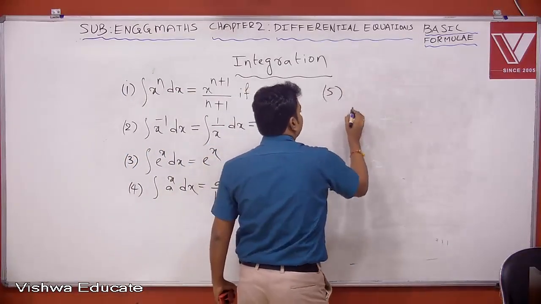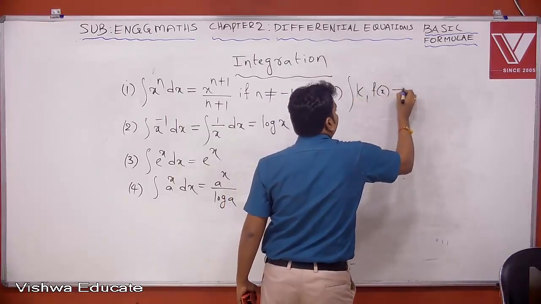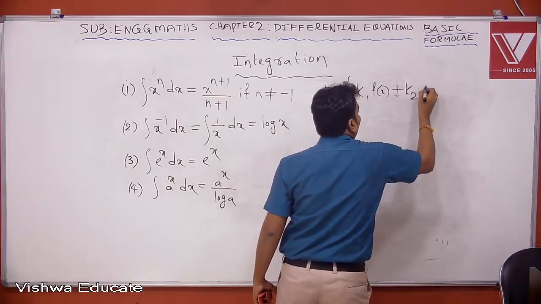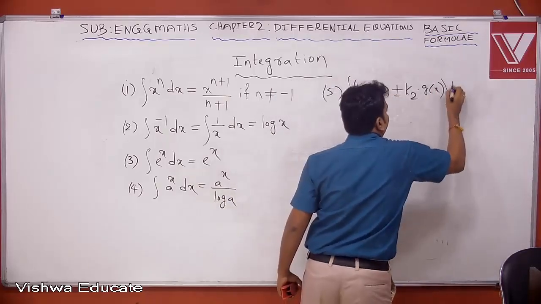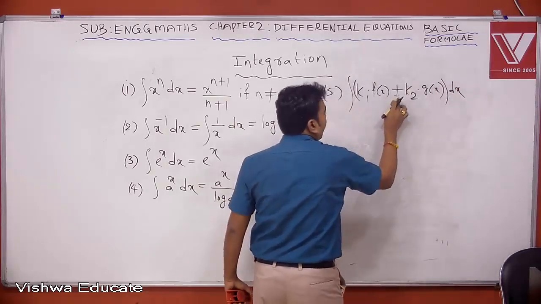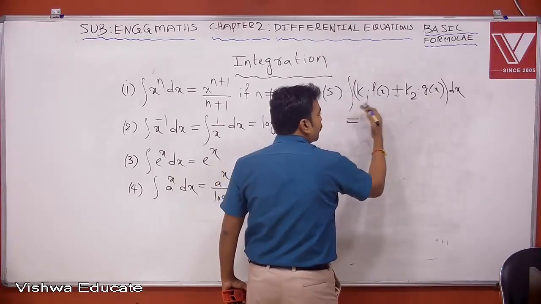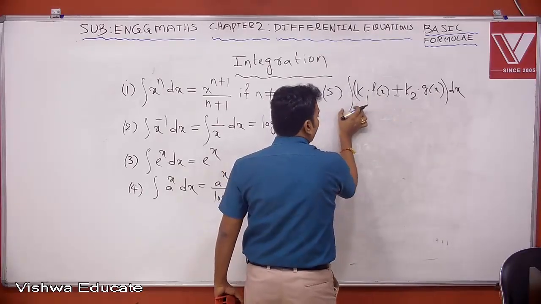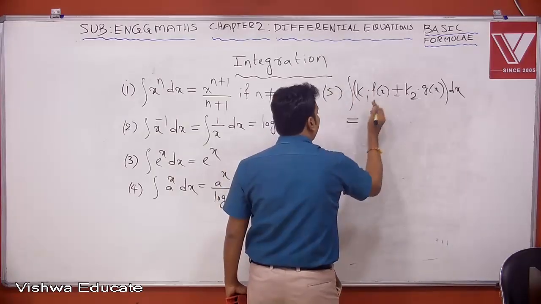Formula number 5. We write integral k1 into f of x plus or minus k2 into g of x dx. So, k1 is multiplied with f of x, plus or minus k2 is multiplied with g of x. This is similar to the derivative formula. When we were doing differentiation, constants are taken before the derivative. The same case repeats for integrals also.